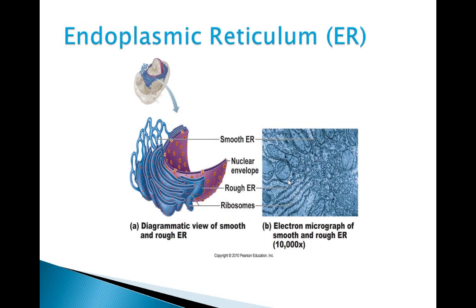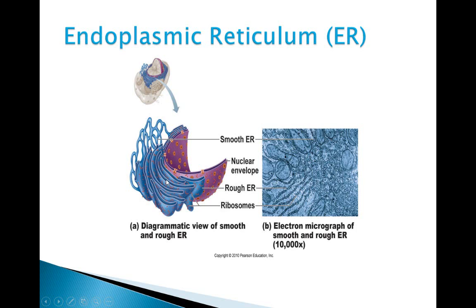Here's our endoplasmic reticulum. This one is the endoplasmic reticulum rough. It is attached to the nucleus membrane, if you will, as you see here, the nuclear membrane. And you have endoplasmic reticulum rough, which has all these ribosomes on it. And you also have an endoplasmic reticulum smooth.